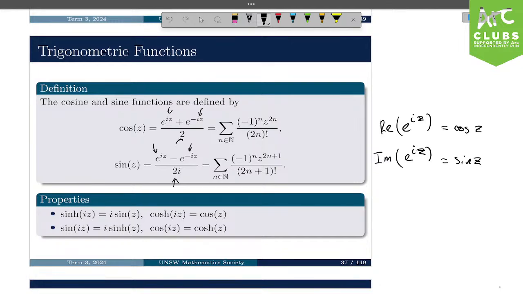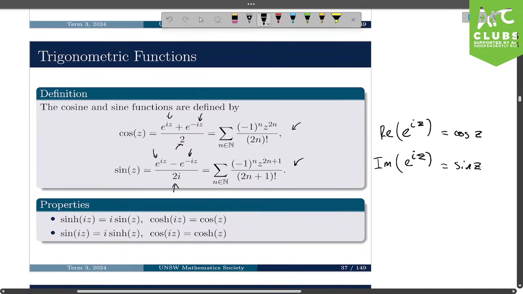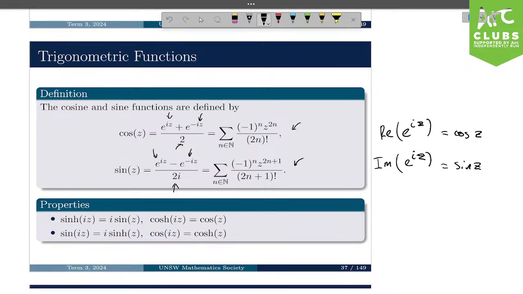Here are the Taylor series for the two functions. They're the same as the Taylor series on the real line, which we've learnt in 1231 or 1241. They also have some interesting properties that relate them to the hyperbolic trigonometric functions, right? Namely that sine of iz is equal to I sinh of z, and cosine of iz is just equal to cosh of z, right?